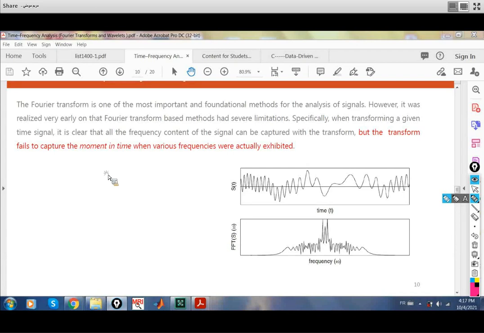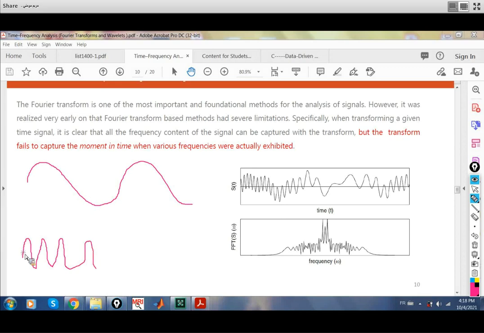Time changes can be reflected by frequency. I mean, for example, imagine this signal and imagine this signal. Both of them in time.